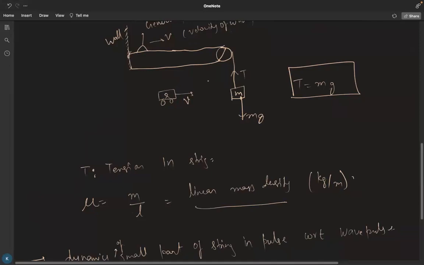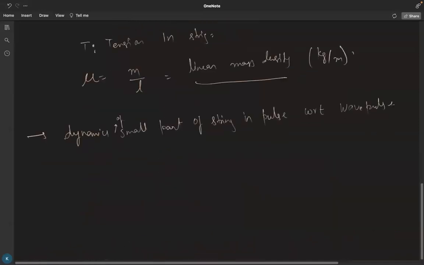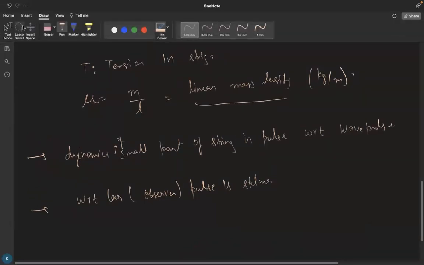So what he assumes here is that the considered string is moving in the leftward direction with speed v, right? Let me write it here. With respect to the car, or you can say the observer, the pulse is stationary.